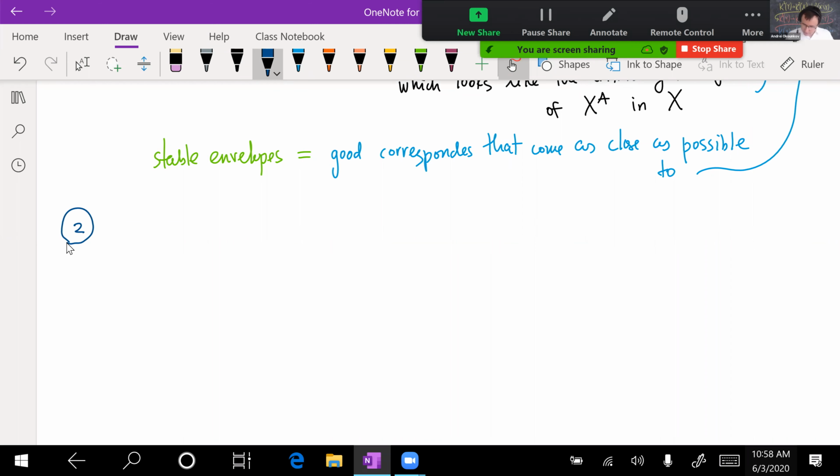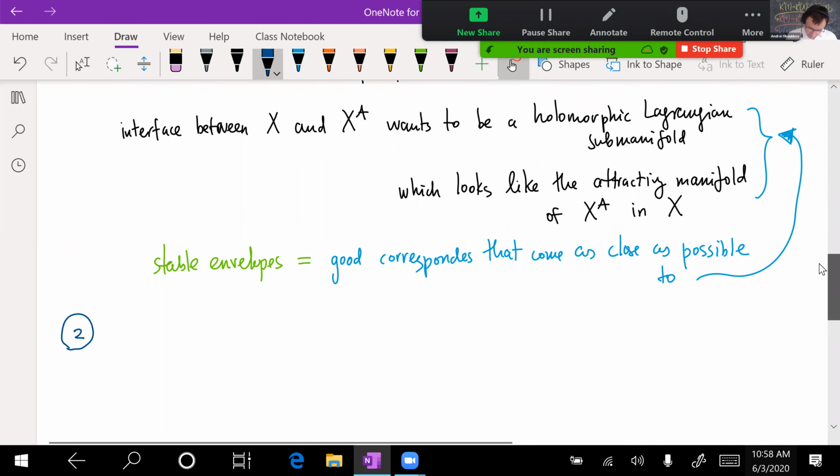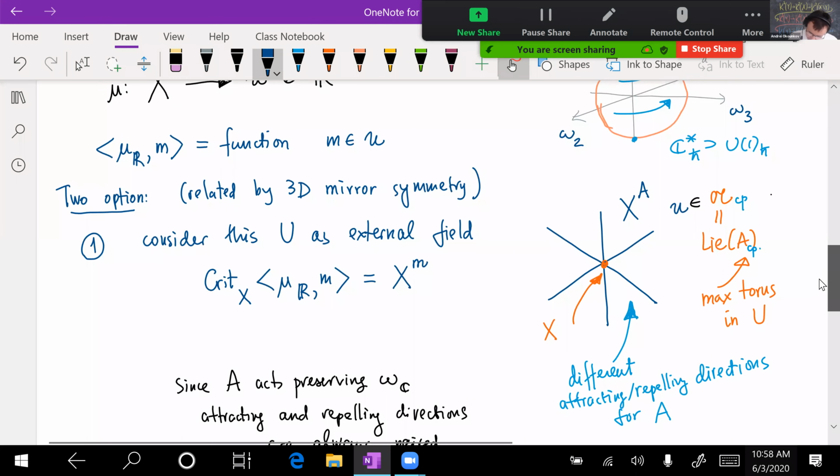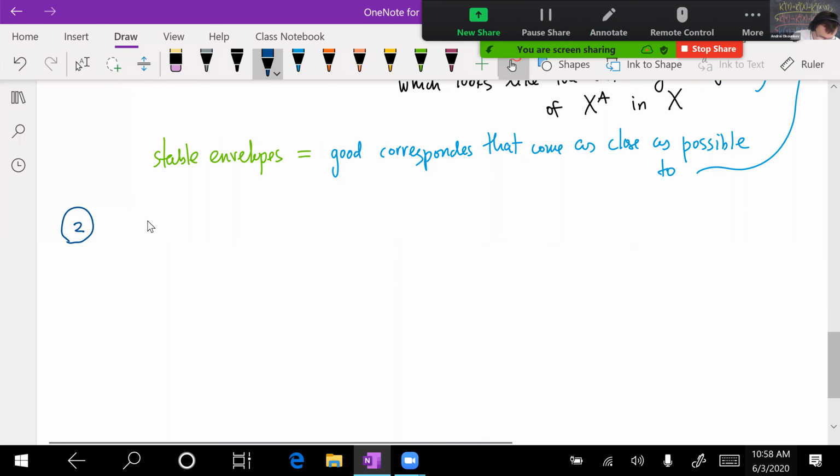But then remember, here I stated option number one, and now option number two is, instead of considering a symmetry and declaring it to be just an external field, we can declare U instead: add U to the gauge symmetries.